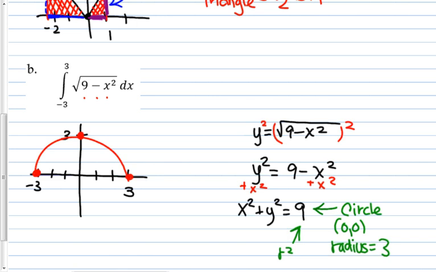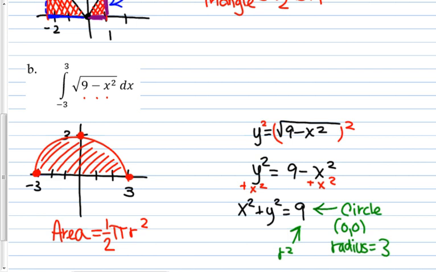Now I need to find the area of all of this here. Remember, this is basically half of a circle with a radius of 3. If I want to find the area, all I need is the formula for area of a circle, and that is pi r squared. But since this is a semicircle, times 1/2.